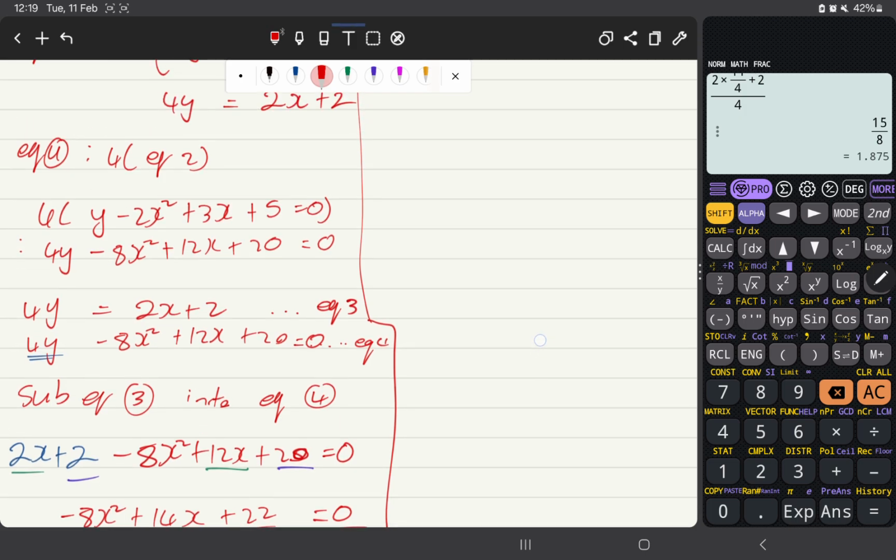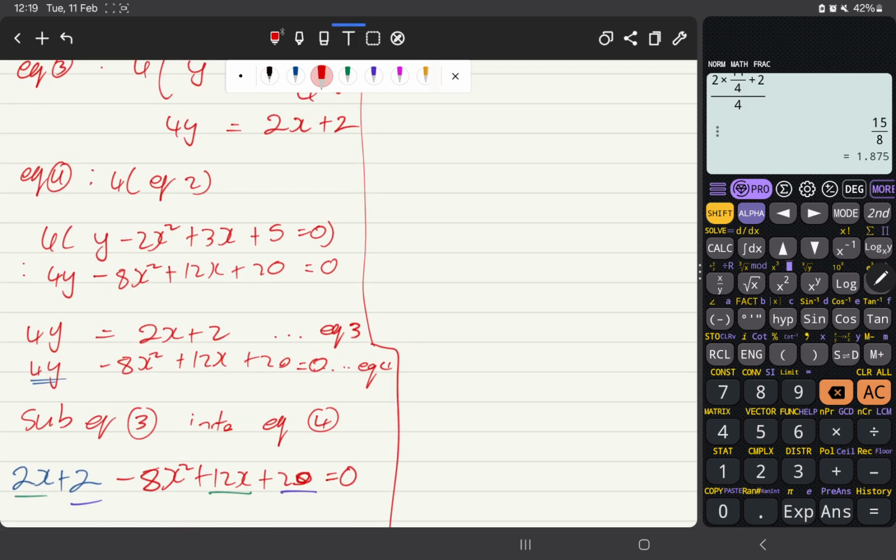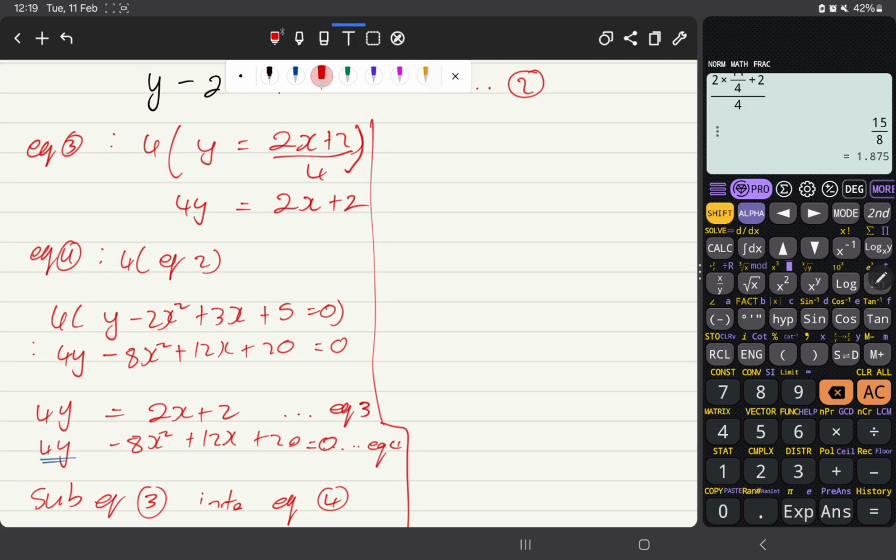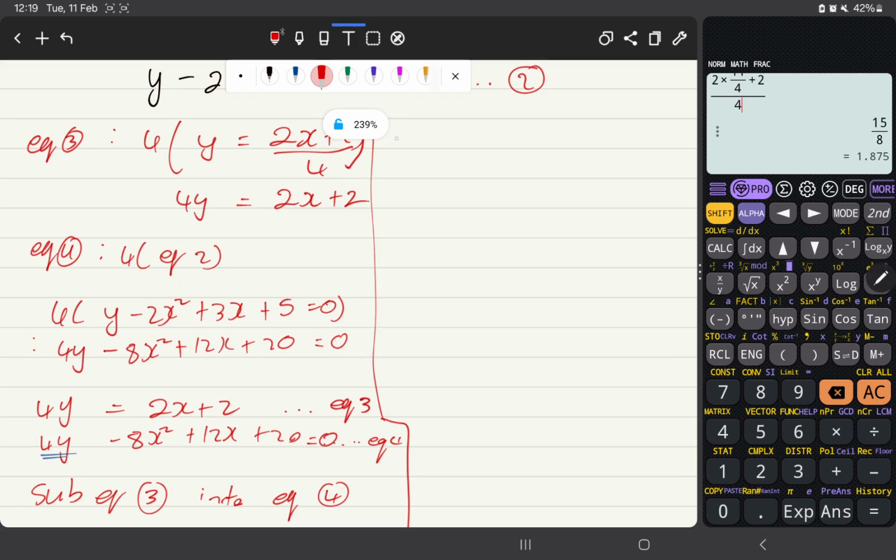With the elimination method, everything we did to get equation 3 and equation 4 is the same. Equation 3 is 4y equals 2x plus 2.